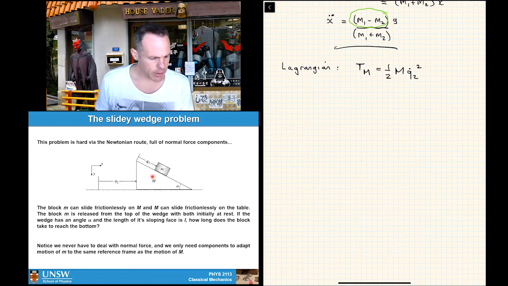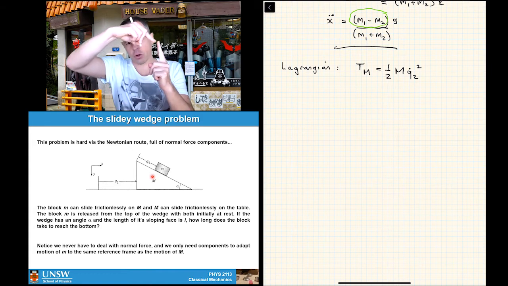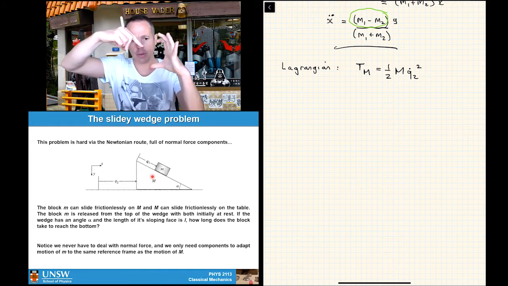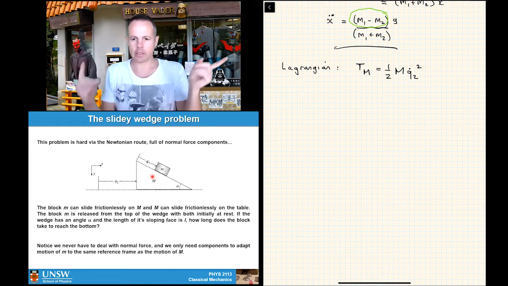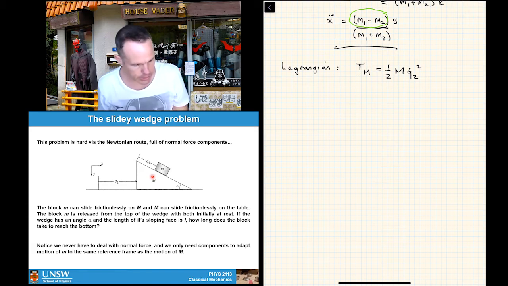Little m is trickier, and that's because we know the velocity of little m very easily relative to the big block, but then what we've got to do is convert that into the same reference frame as we're dealing with the big block, right? And so there's going to be two motions.